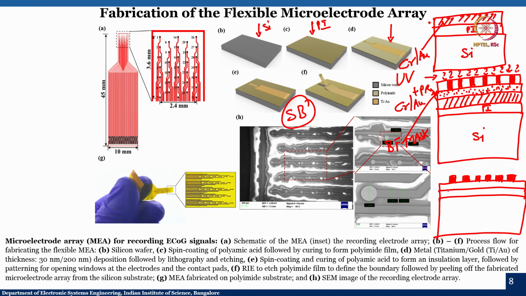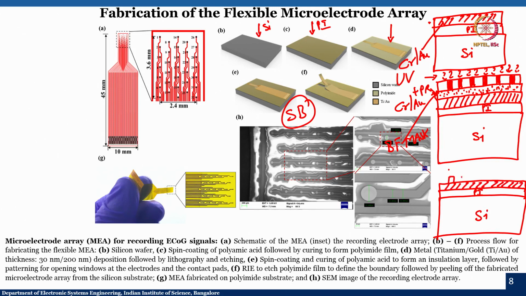You have your PI and then you have your chrome gold, this is silicon.